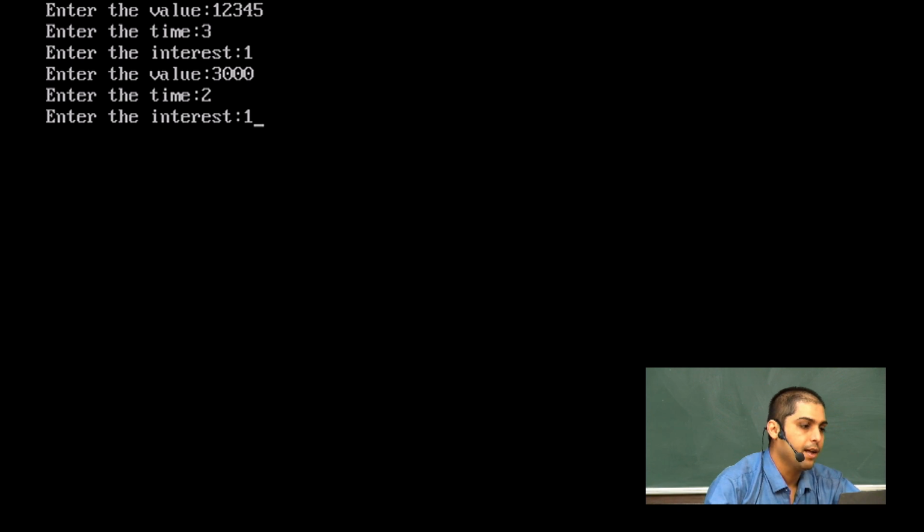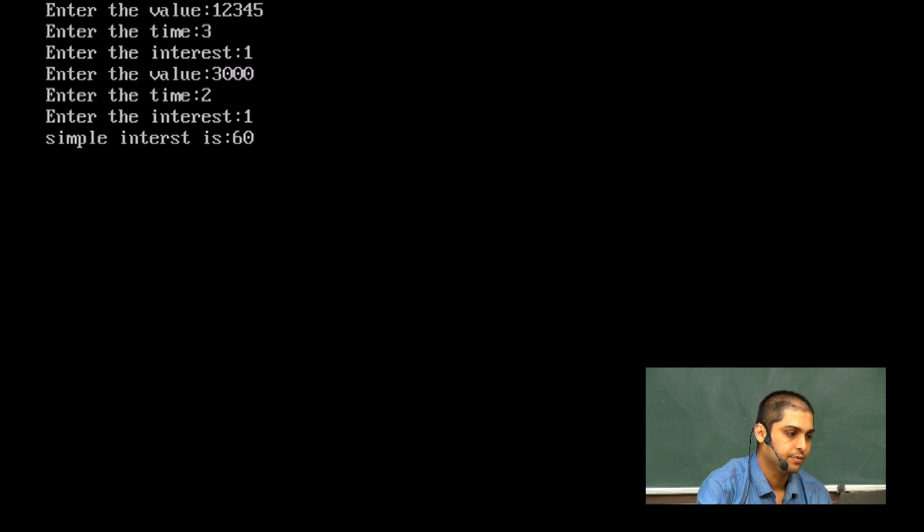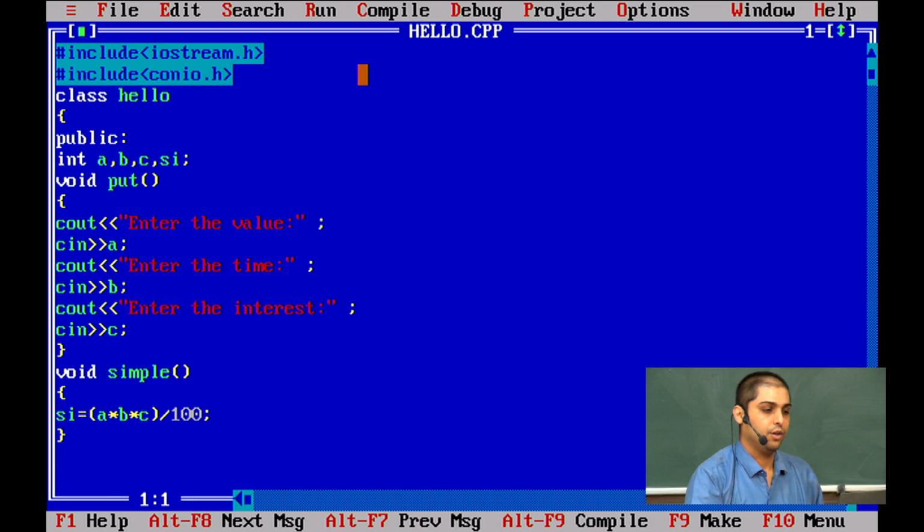According to the rule, it will consider the latest value. It means the value of A is 3000 instead of 12,345, because it updates every time we call it. So the value of time is 2 this time, because the latest value is 2. The rate of interest is 1. So it will take 3000, time 2, and rate of interest 1, and calculate the simple interest as 60.